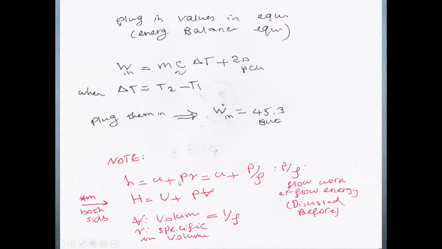If you multiply both sides by m, you have capital H, which is enthalpy for the whole mass m. You have capital U, and you have P, and instead of specific volume we're going to have V, because we multiply this term by m. It's like P m over rho, and m over rho is volume. By the way, this term is flow work or flow energy, which we discussed before, the energy that one unit of mass of fluid needs to flow. Nothing is for free.